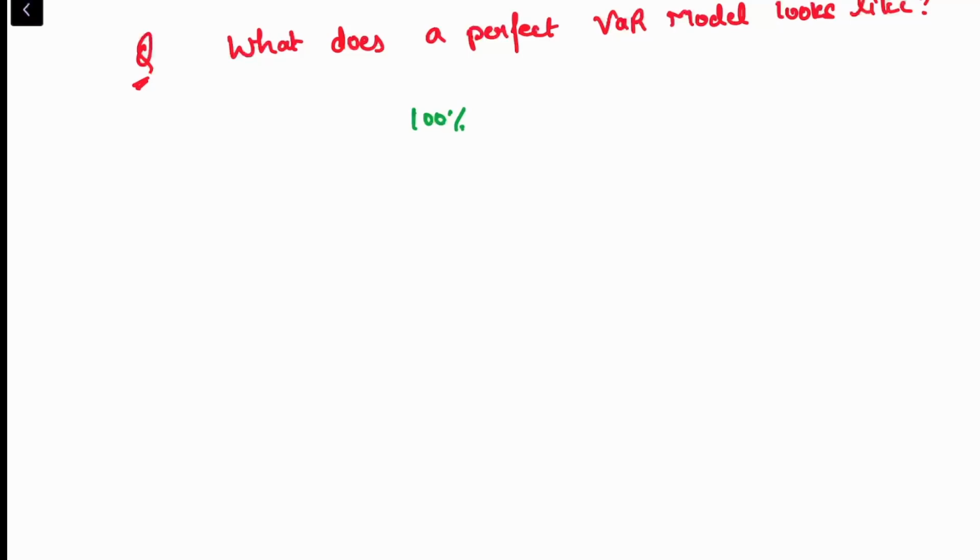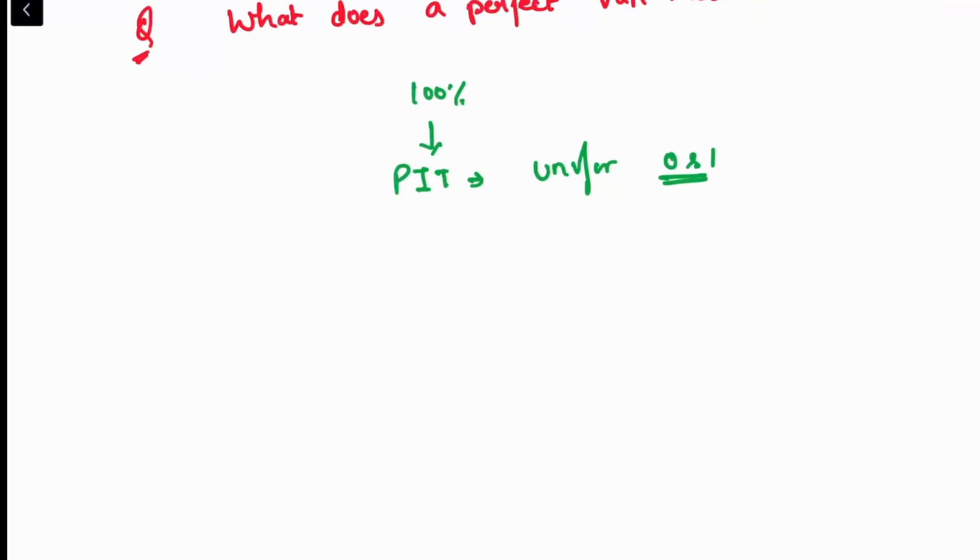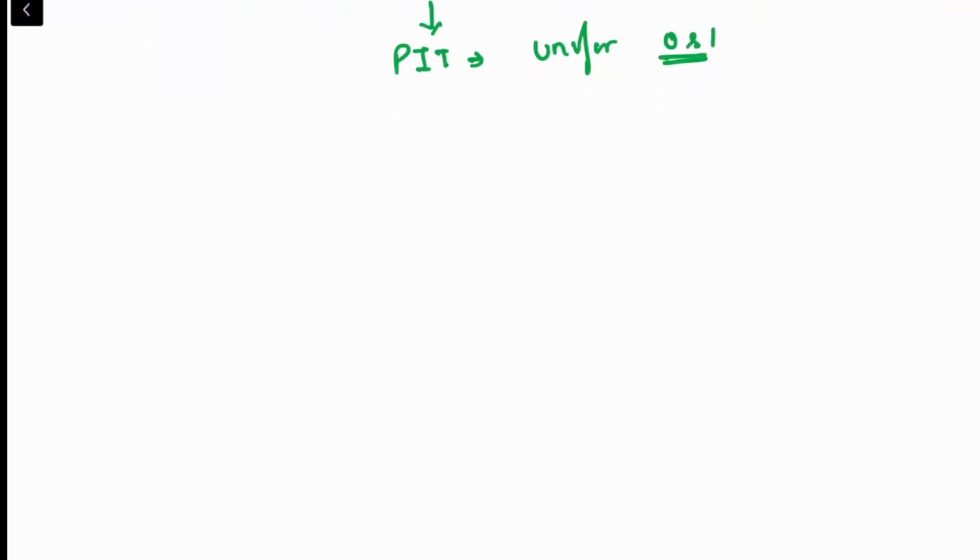That means what for the PIT value? If it is correct, this means that PIT values are uniform between 0 and 1, and there is no clustering. Clear? So now I can divide these PIT values into 10 groups: 0.0 to 0.1, 0.1 to 0.2, and so on, up to 0.9 to 1.